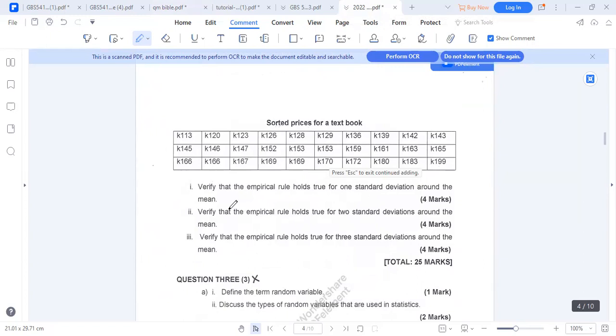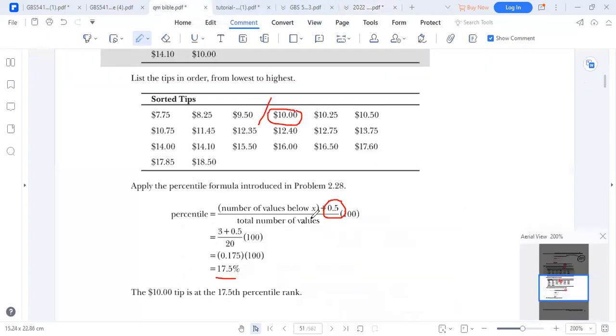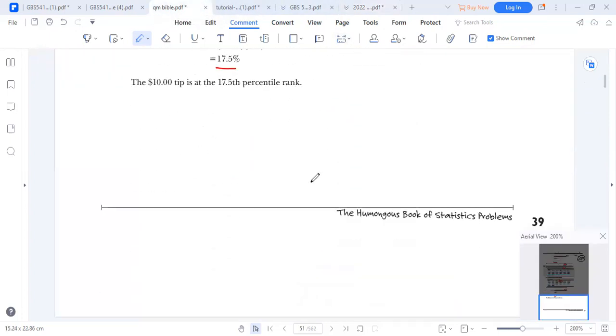It came like this, but they asked about the percentile for 126. So here you calculate from here, you count the number of values below. I'll come up to the empirical rule later on, just after this.